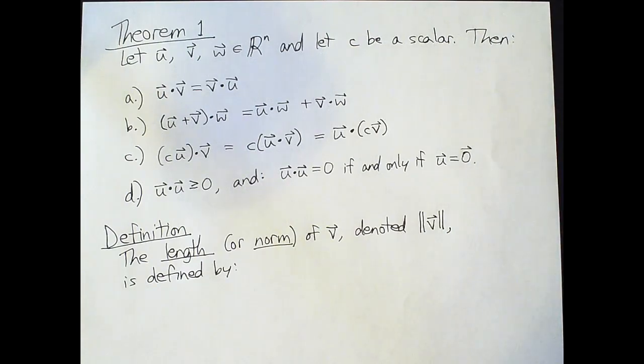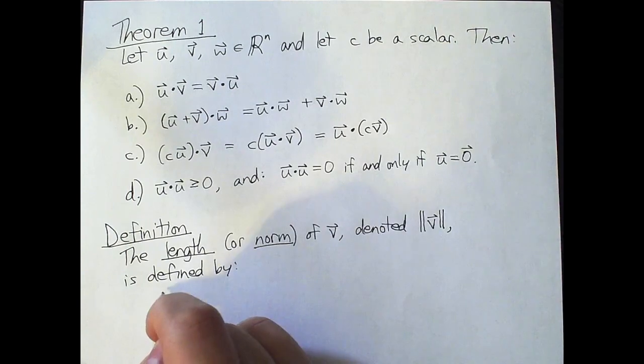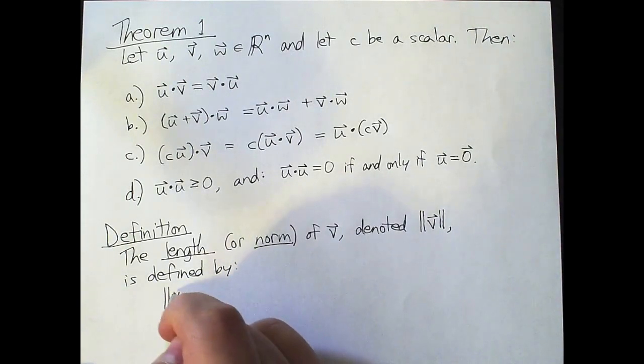But if we had a vector in R2 and we wanted to draw it on the xy plane, we could have the point x comma y, and we could draw an arrow from the origin to x comma y. And then maybe we want to talk about the length of that arrow. So that's really like the distance from the origin to x comma y.